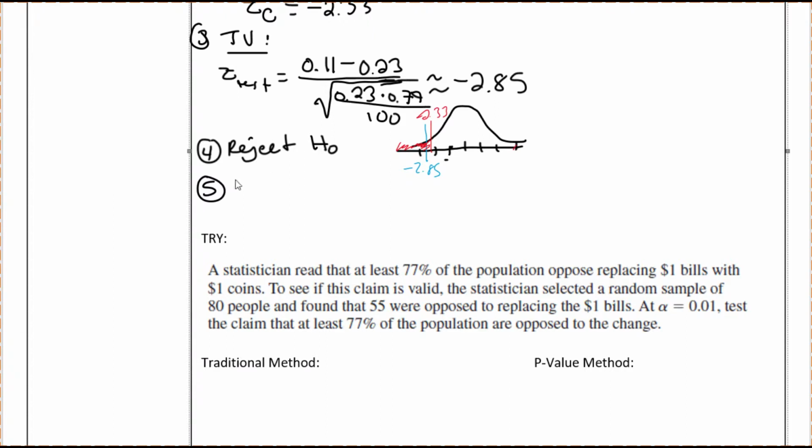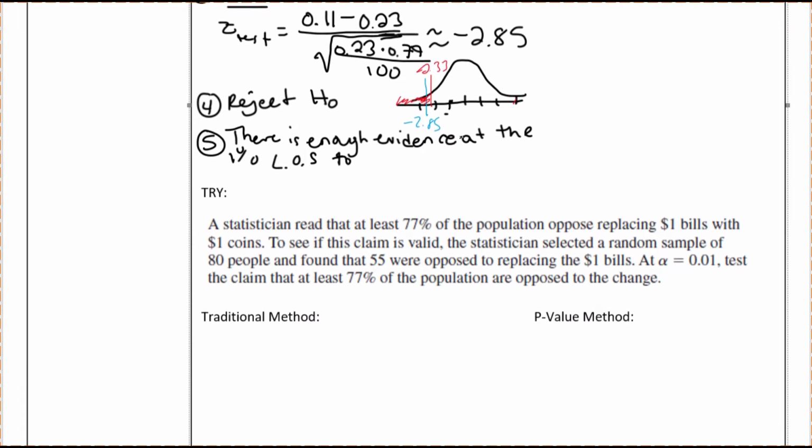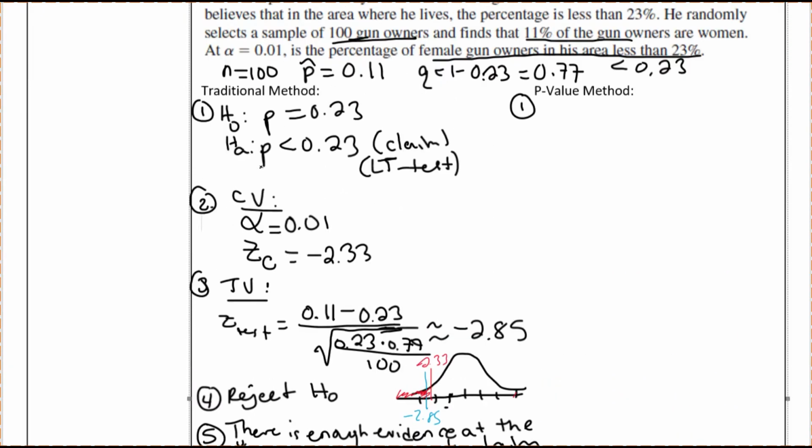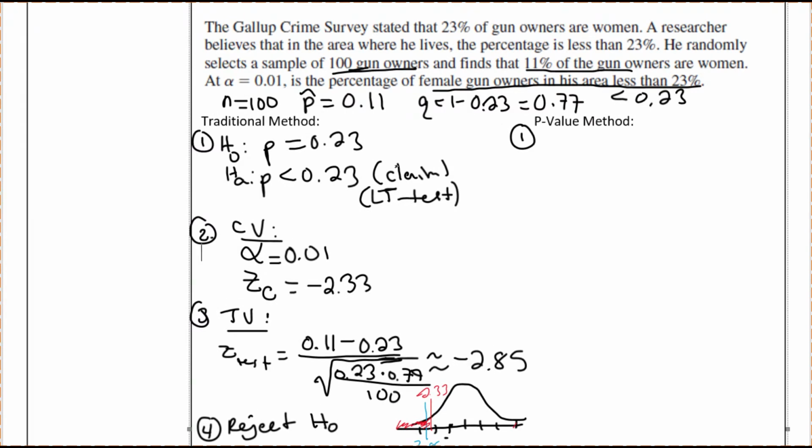That means there is enough evidence at the 1% level to support the claim, since our claim belongs to the HA, so we use the word support instead of reject, that less than 23% of gun owners are women.